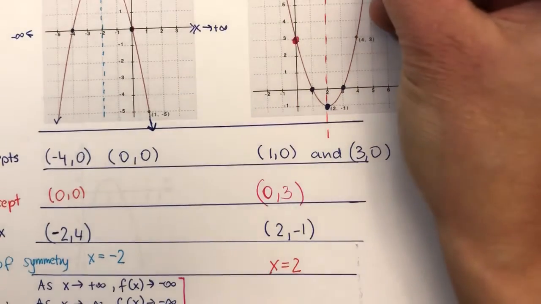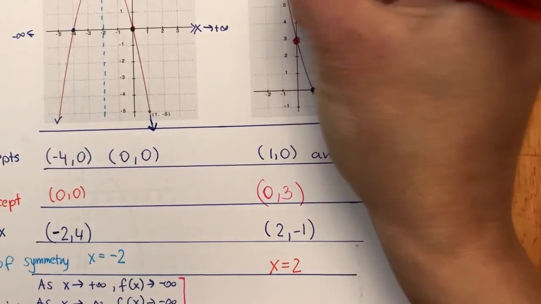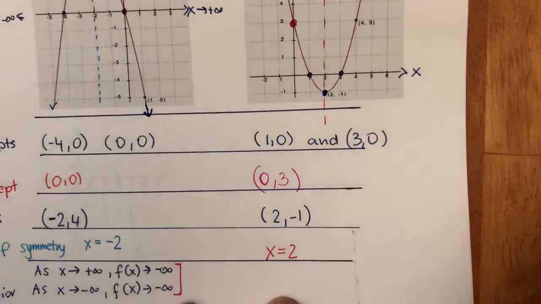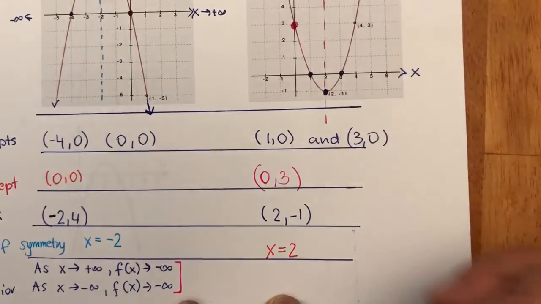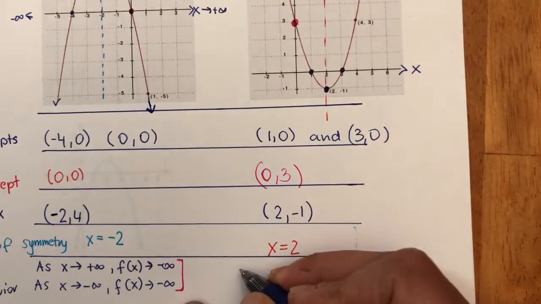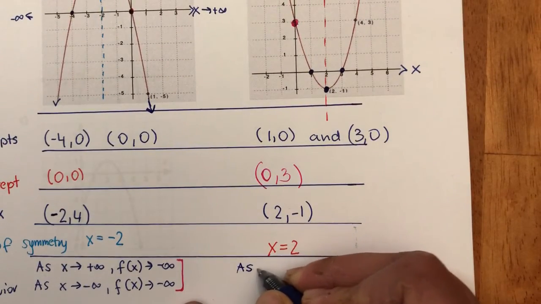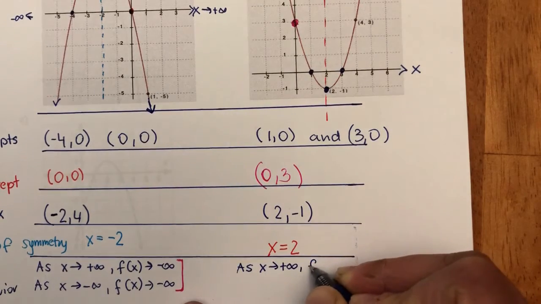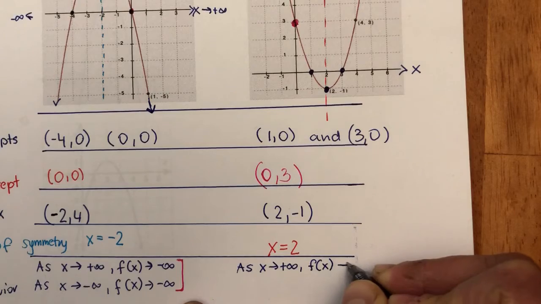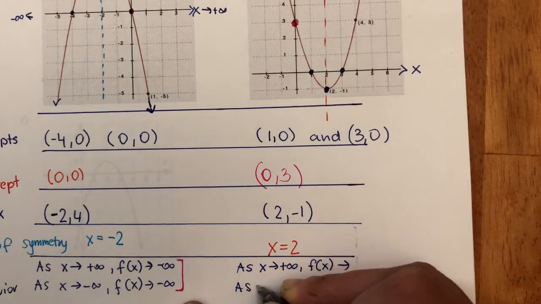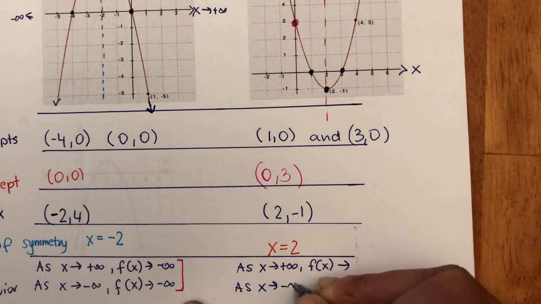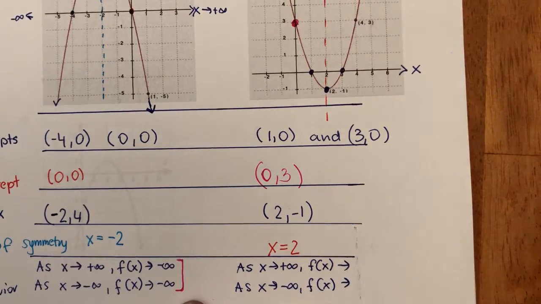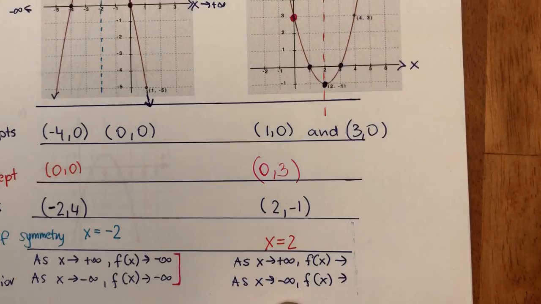And then the last thing that we need to find is our end behavior. It is a very good practice to write this down, set this up. As x goes to positive infinity, what is going to happen to your parabola? And as x goes to negative infinity, what is going to happen with f of x? So take a look at this one.